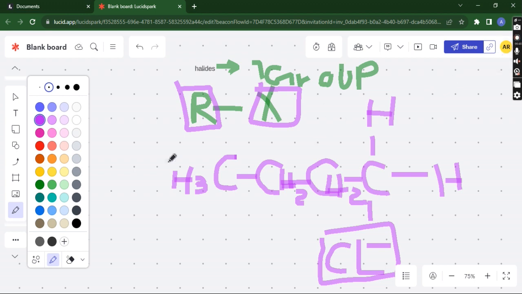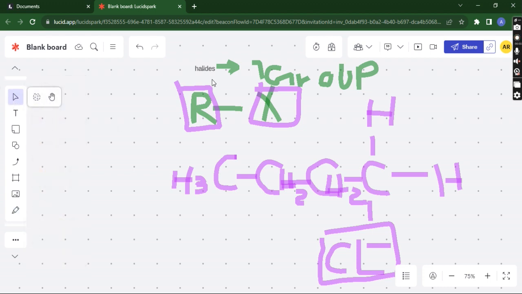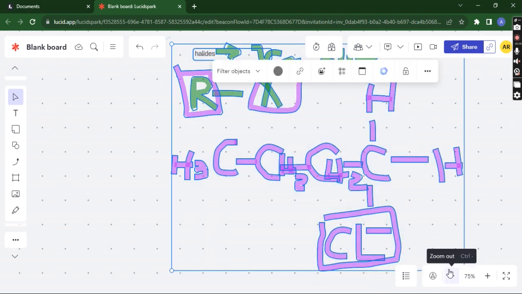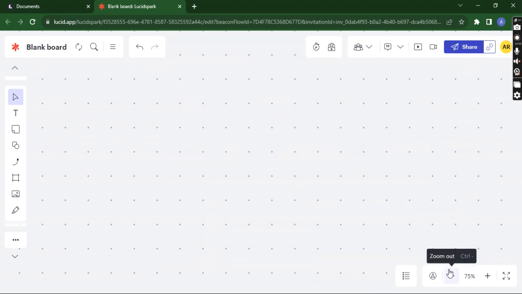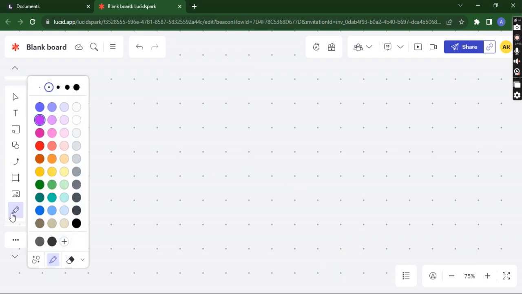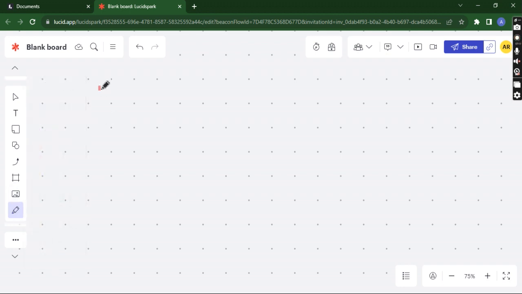For instance, let's just draw the first 5 compounds, like methane, propane, butane, heptane, and hexane. Let's just draw them. I'm going to draw the first one, which is methane. Now, what is the formula here for methane? I'm going to draw it here.